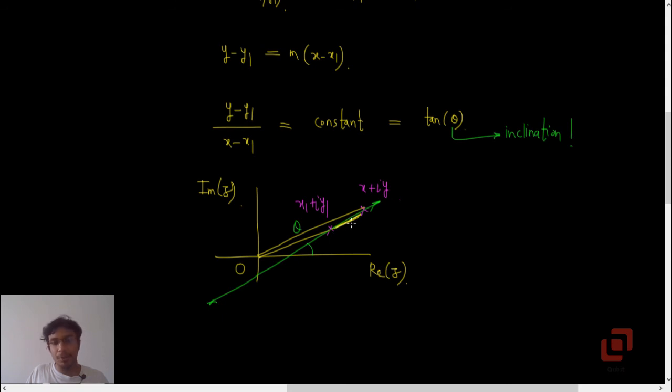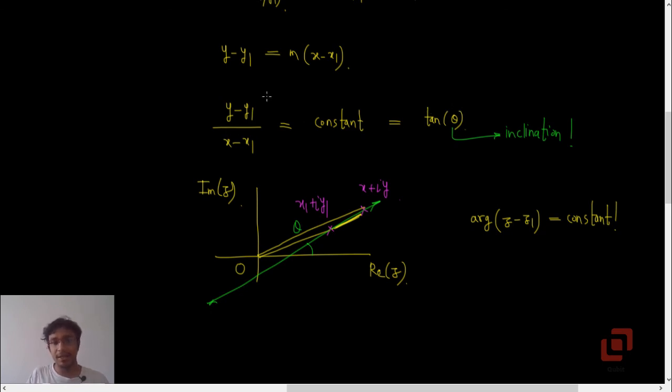Okay, and you can say that no matter what two points you take on the line, the inclination of the line is always going to be a constant. In other words, you can write the equation of this particular line in the language of complex numbers as argument of z minus z1 is a constant, because basically argument is theta.